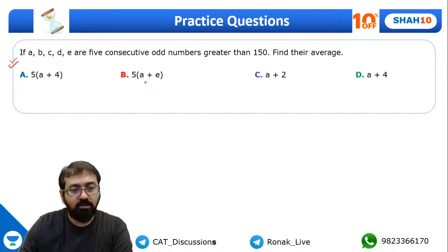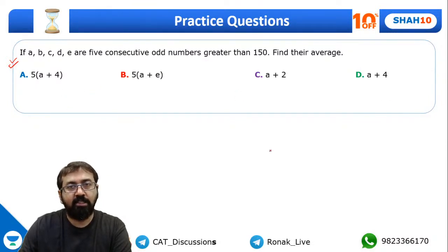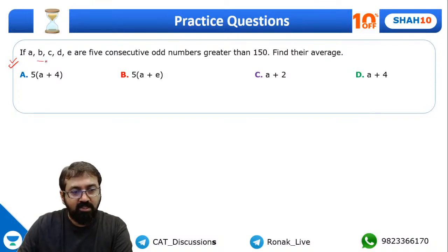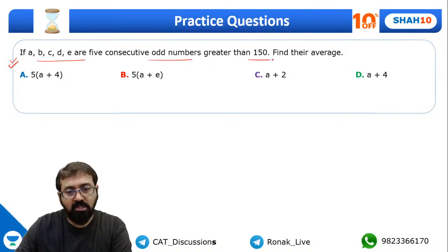What will be the answer, option A, B, C, D? These are 5 consecutive odd numbers greater than 150. Find their average.